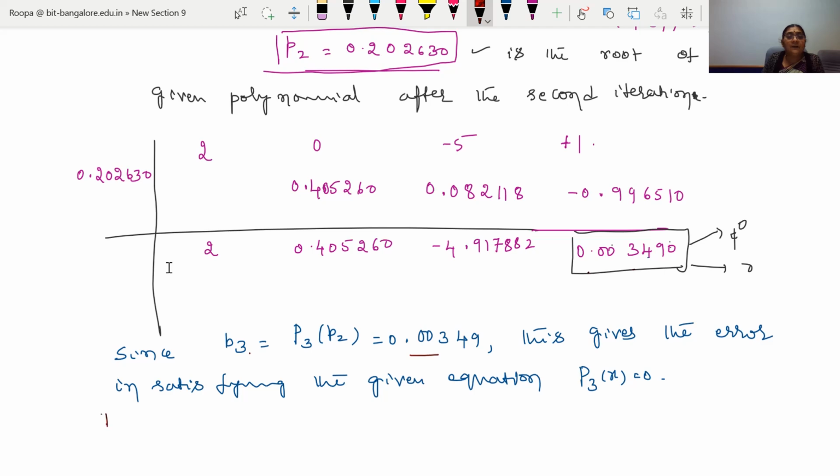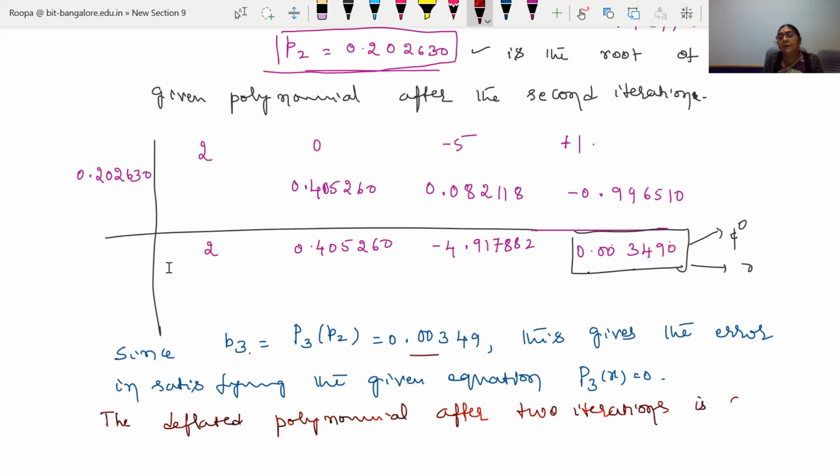The deflected polynomial after two iterations is given by b naught x square plus b1 x plus b2.